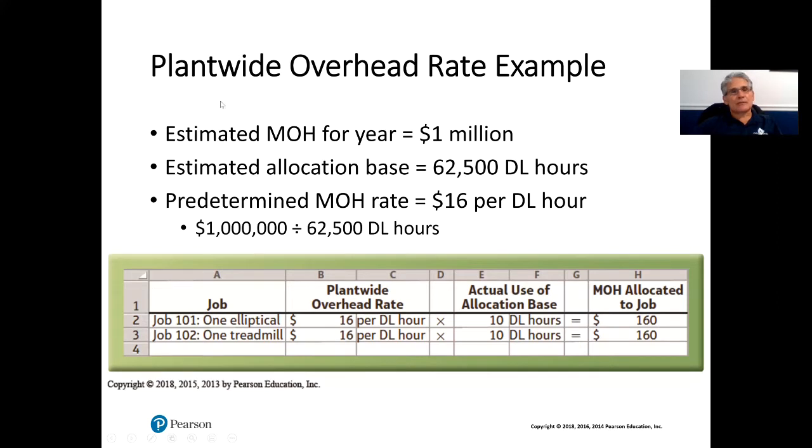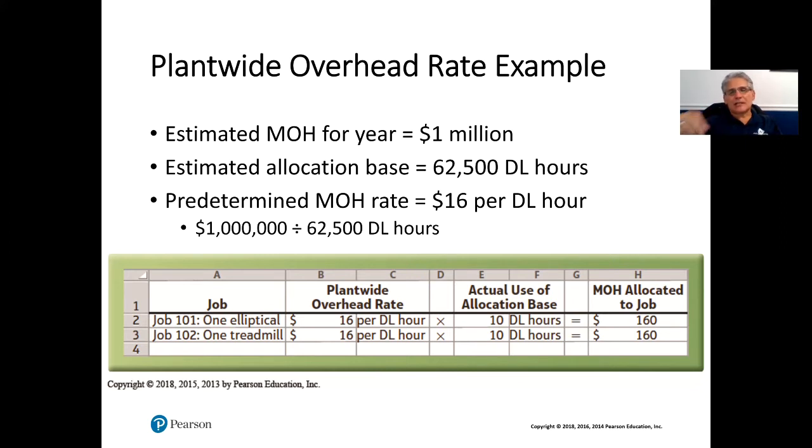So here's an example of the plant-wide overhead rate. Estimated MOH for 1 year is $1 million. The estimated allocation base is 62,500 direct labor hours. So in this example, we've decided that direct labor hours is the cost driver.